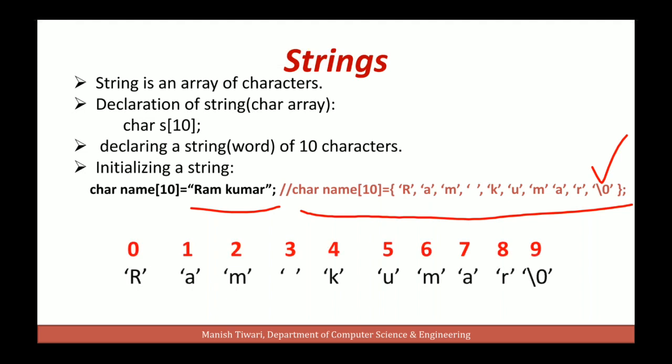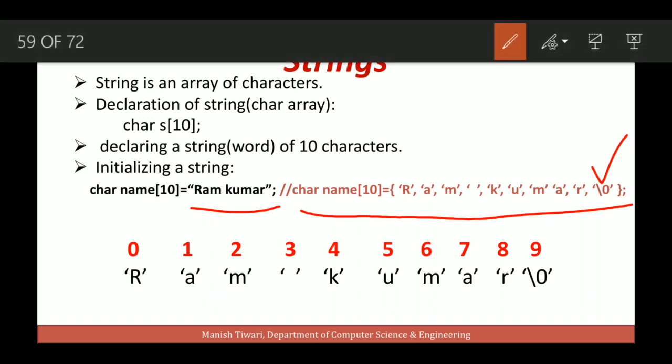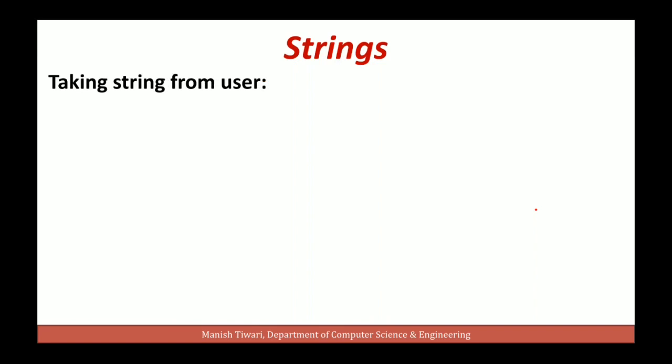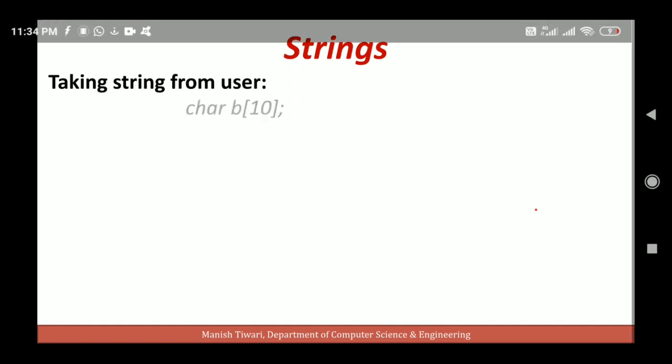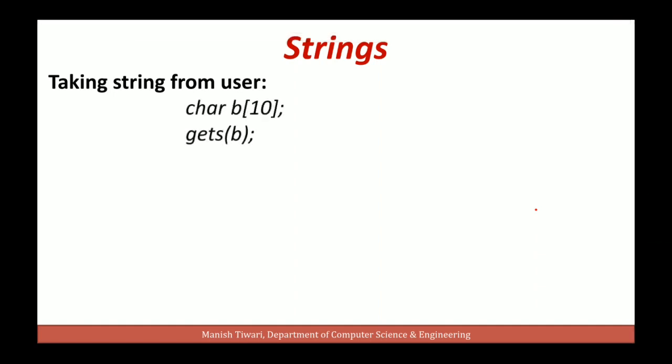This is another way of initializing a string, but we should follow only this method, that we initialize a string inside these double quotes, and the compiler will automatically put a null character after these characters. And for taking the value of a string from the user through the keyboard, we use this gets function actually.